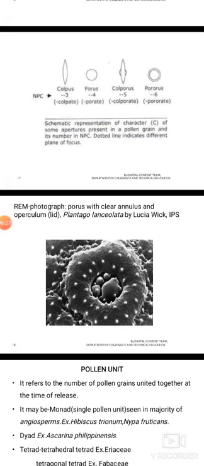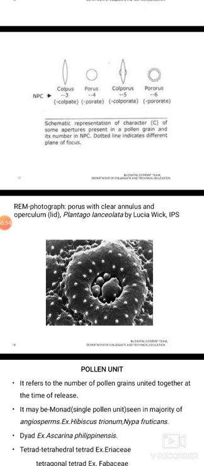Coming to the next one, that is pollen unit. It refers to the number of pollen grains united together at the time of release. It may be monad, that is a single pollen unit, seen in the majority of angiosperms. Example, Hibiscus trionum. Dyad, Ascarina philippinensis.